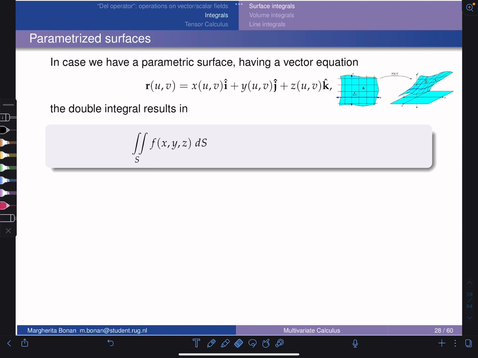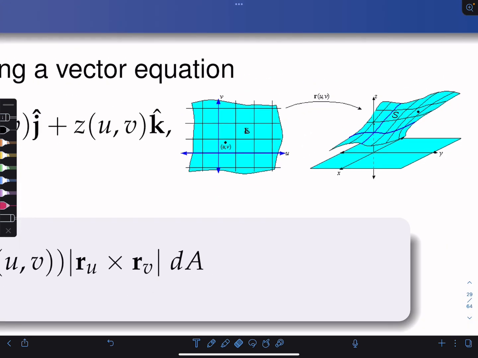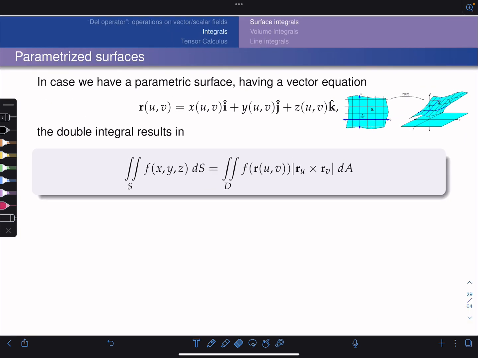In the case we have a parametric surface, so a surface that can be expressed in 3D, having a vector equation r of u, v with a component x dependent on u and v in the i direction, plus y also evaluated in u, v in the j direction, plus z in u, v in the k direction, the surface integral results in the double integral over the region D. The region D is the domain of r, of the function evaluated at the parametric equation r, times the cross product between the component in u of r and the component in v of r.